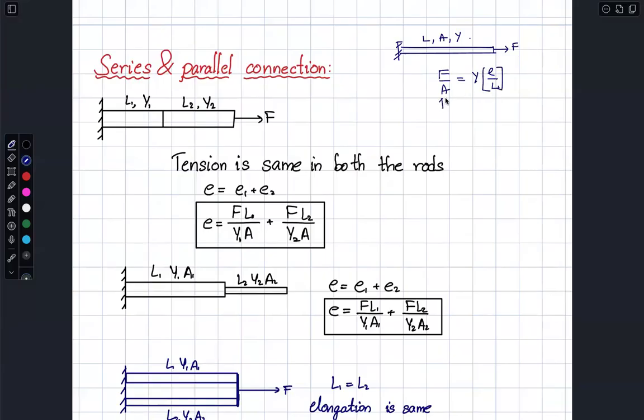This is stress, and this part is strain. In this case, F is YA by L times elongation.